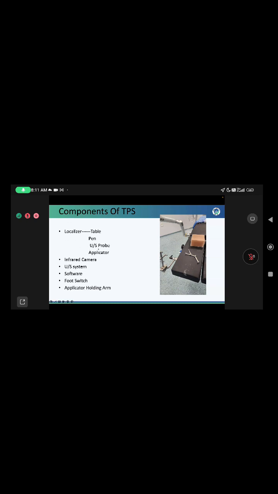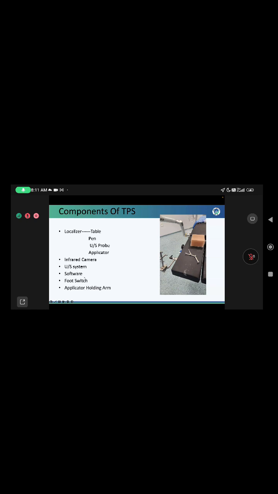On the TPS, we are going to see the size of the tumor bed, and the thickness of the tumor bed we are going to appreciate, and depending on that, we are going to select the size of the applicator, the beveled edge of the applicator, and then the thickness of the tumor bed. All those things will be fed into the software which is there in the TPS.